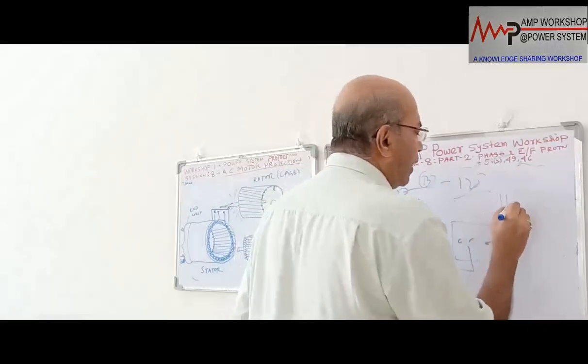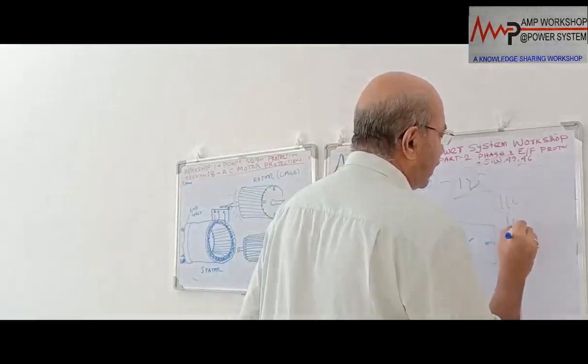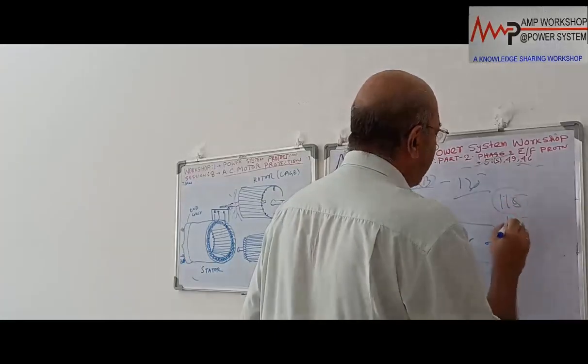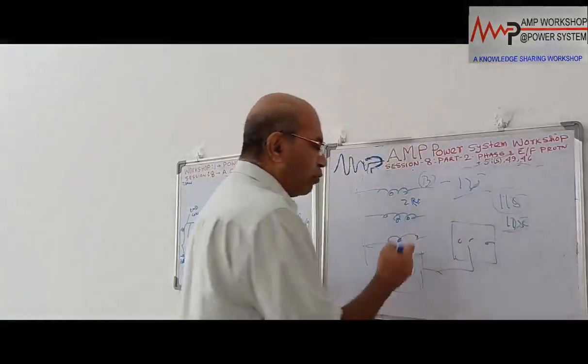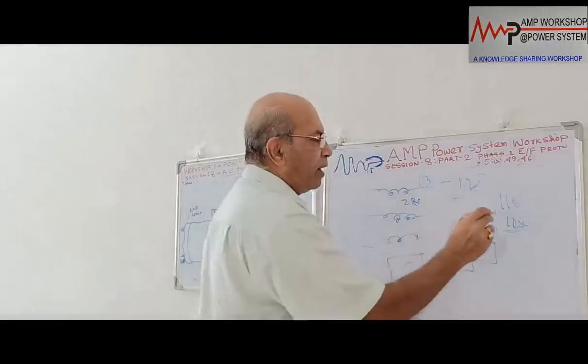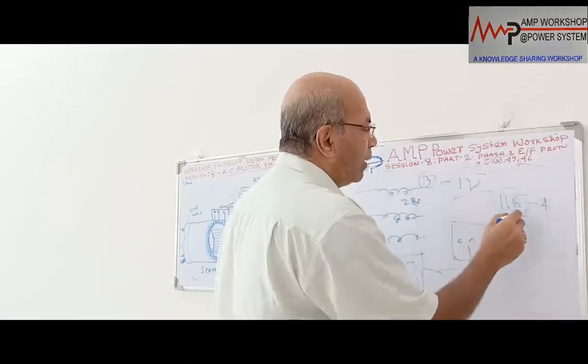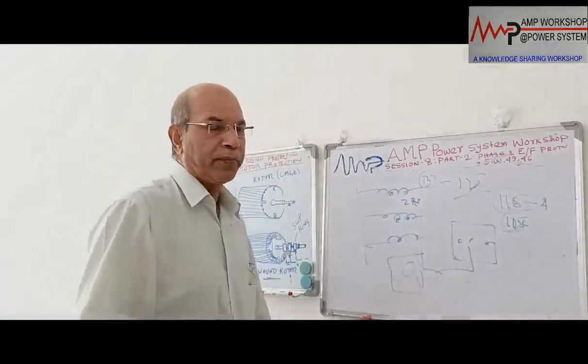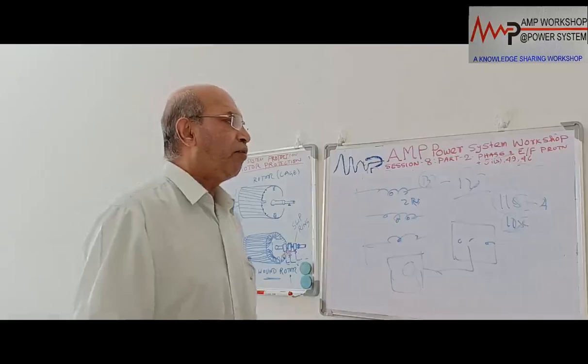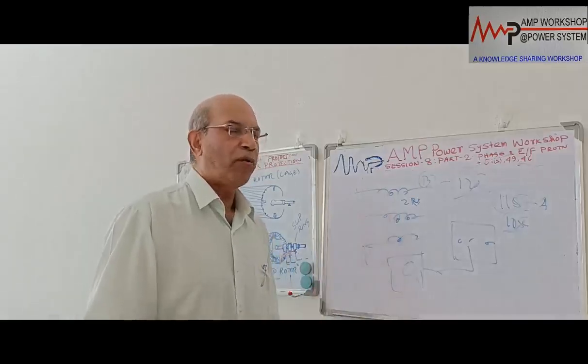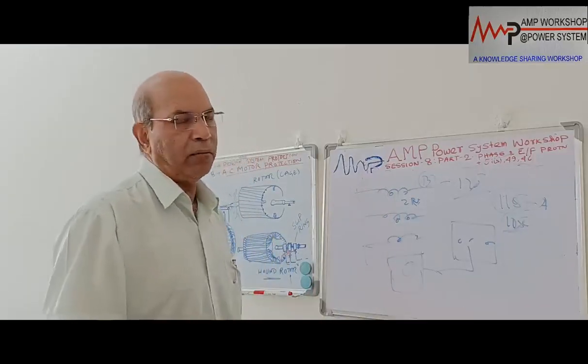We can give an alarm at 110 degrees and trip at 115 degrees, or alarm at 115 degrees and trip at 120 degrees. We can take 2 contacts. When the temperature reaches 115 degrees, corresponding to a certain milliampere, we give an alarm to the control loop, and then a trip command to the control loop. In this way, we can provide thermal protection for the motor.